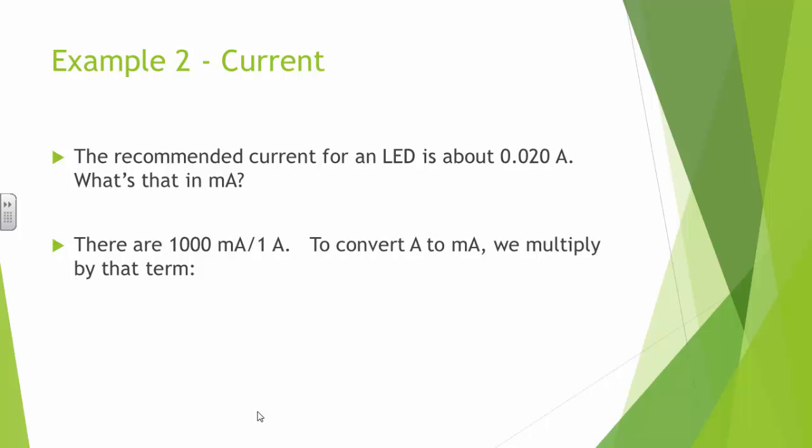Multiply 0.02 amps times 1,000 milliamps per amp. And if you're the type who likes unit cancellation, we can cancel the amps, and the only units remaining are milliamps. So 0.02 amps is 20 milliamps.